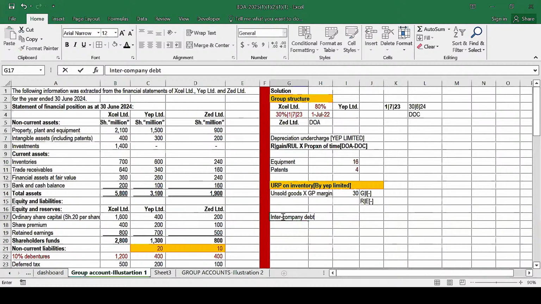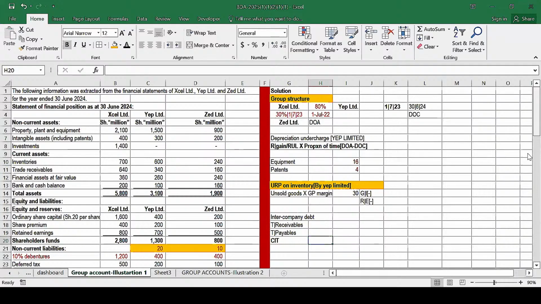We need to determine how much is included within the receivables, how much is included within the payables, and how much is our cash in transit. CIT. I think cash in transit is already given here.